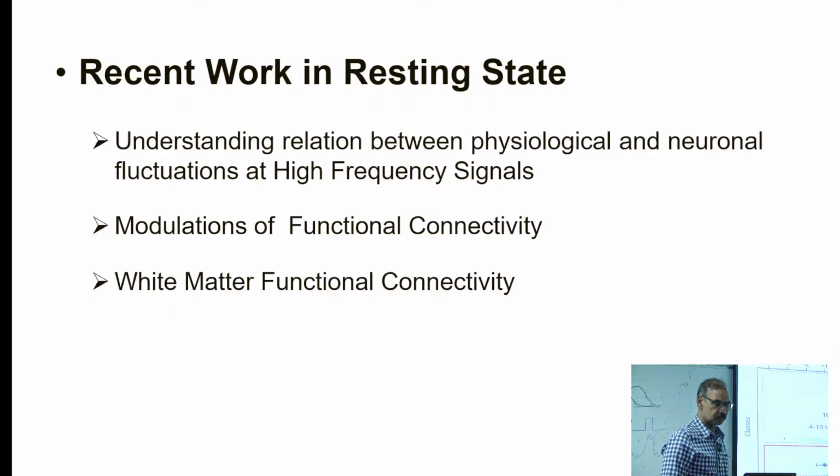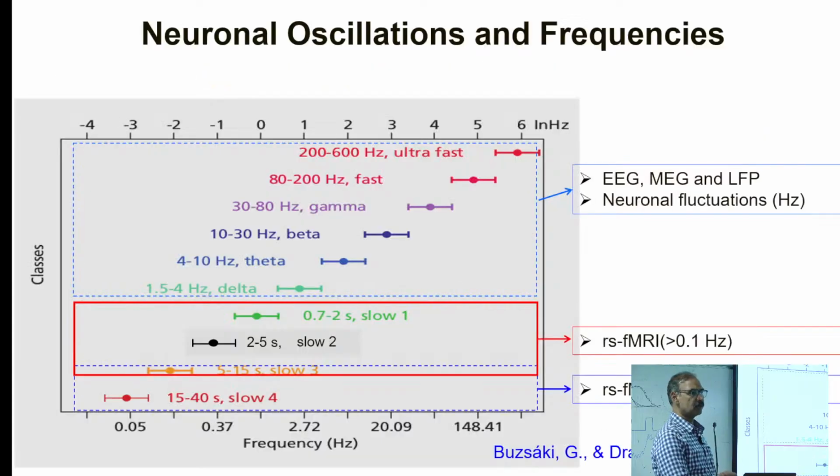Okay, so the first is, as I mentioned, the frequencies that are observed in electrophysiology, right? You have the delta waves, theta, beta, gamma, there is fast and then ultra fast.